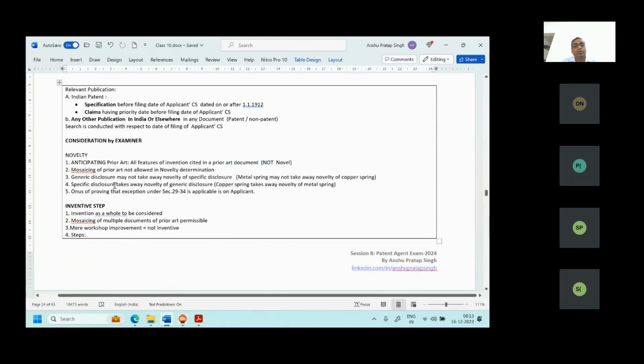If there is a specific disclosure, then the generic disclosure's novelty is taken out. This is a simple rule in genus-species related claims.